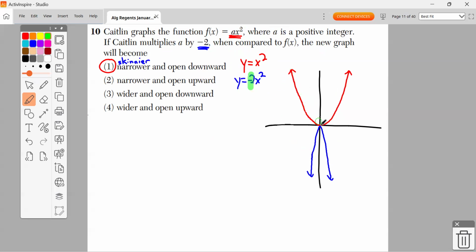So this is our original one here in the red. This is our new one. It definitely got skinnier. It got skinnier because you're multiplying by that 2 out in front. The negative sign actually flips it and does a reflection over the x-axis, and that's going to make it open downward. So skinnier or narrower and open downward.